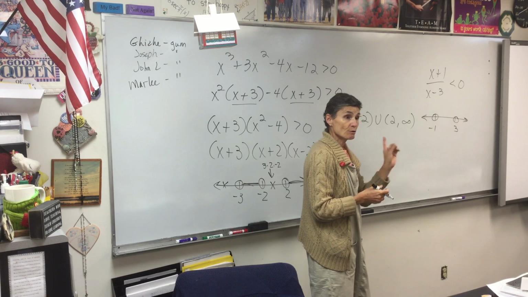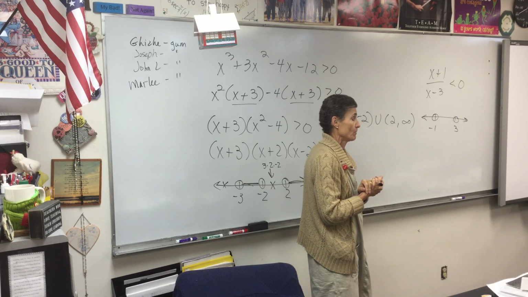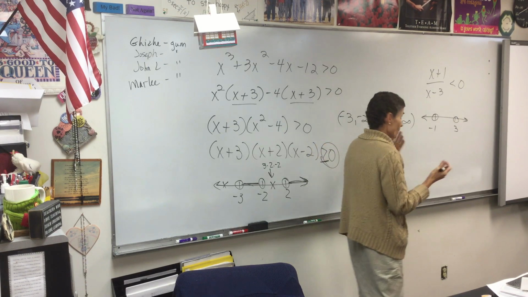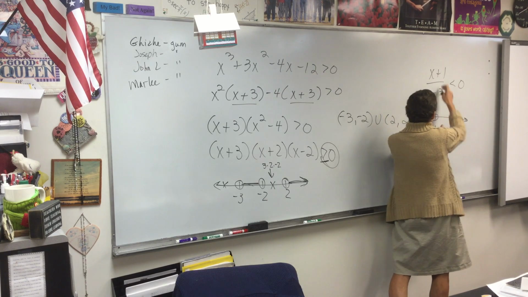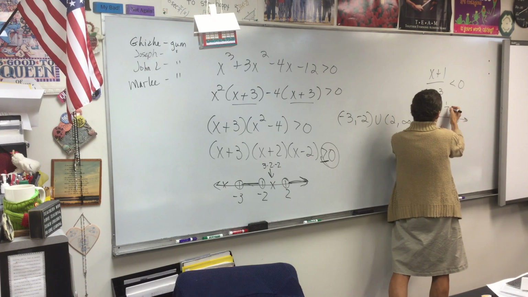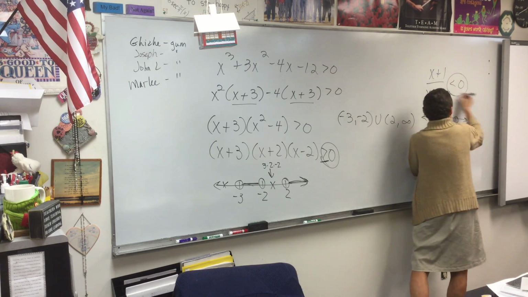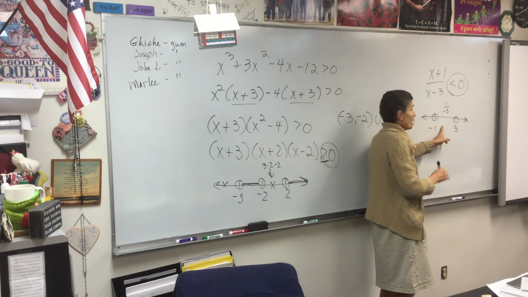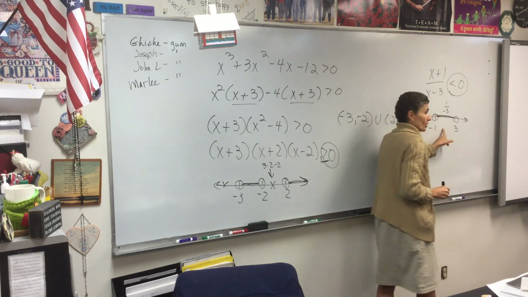So I'm going to use my alternating shortcut, but I have to check one number first. So 0, 0's here. If I put in 0, I get 1 over -3. Is that less than 0? Yes. So this section worked.